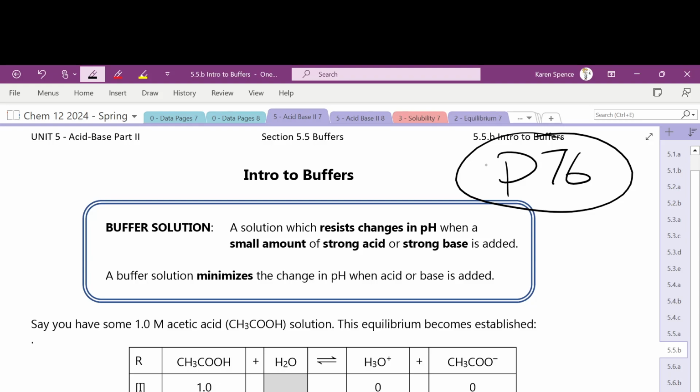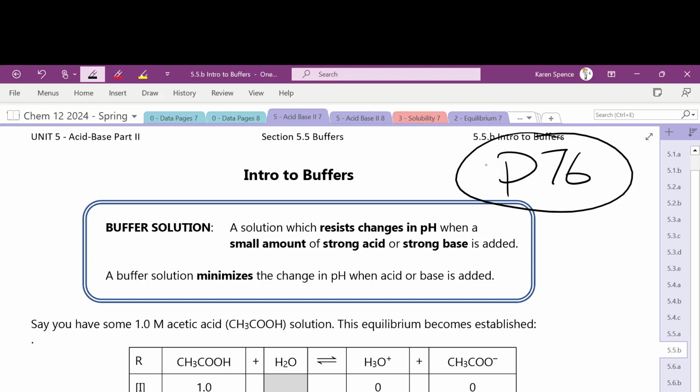How do you feel about comparing Ka and Kb in hydrolysis to figure out whether it's acidic or basic? Nobody's willing to say anything. Okay, come see me Monday morning or after school today if you have any questions about it.